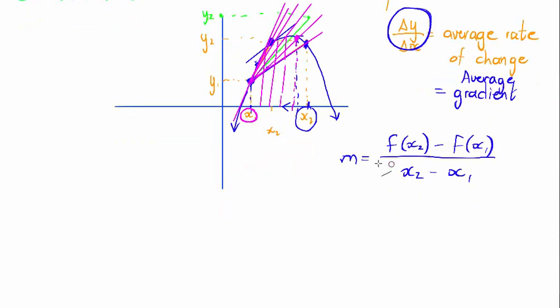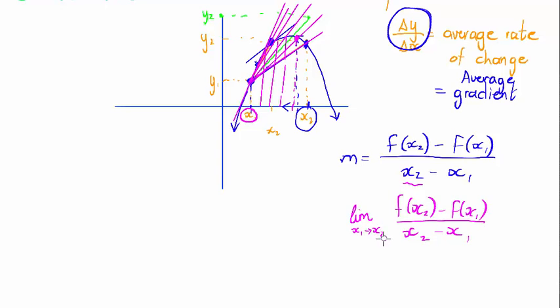Okay? So the problem is I can't get to it, because look what's going to happen. If my second point is equal to my first point, I'll have 0 in the denominator. You see that? So I have x2 minus x1, and I have f(x2) minus f(x1). And the way in which we look at one number approaching another number is with the concept of limits. So we're saying x1 tends to x2.